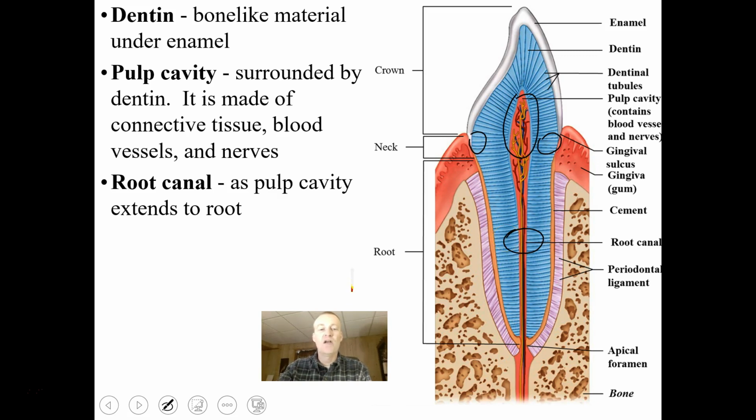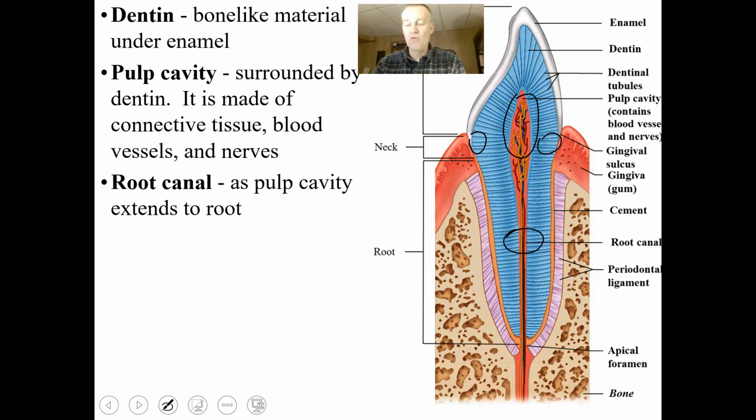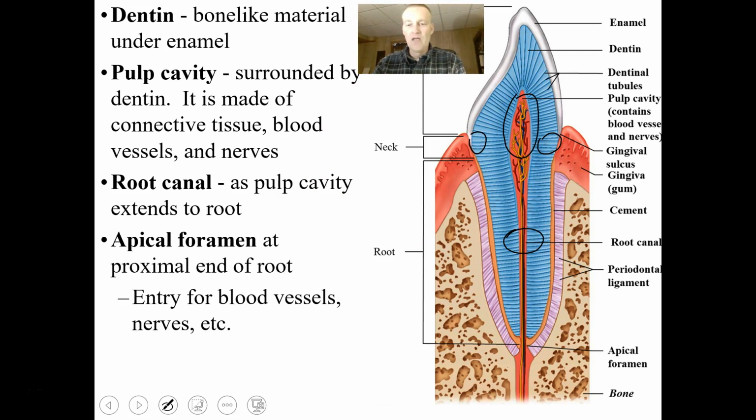That's just a passageway for blood vessels and nerves to enter into the pulp cavity. There is an apical foramen at the very bottom, at the very end of the root, and this is the entry point for blood vessels and nerves, and lymphatic vessels for that matter.